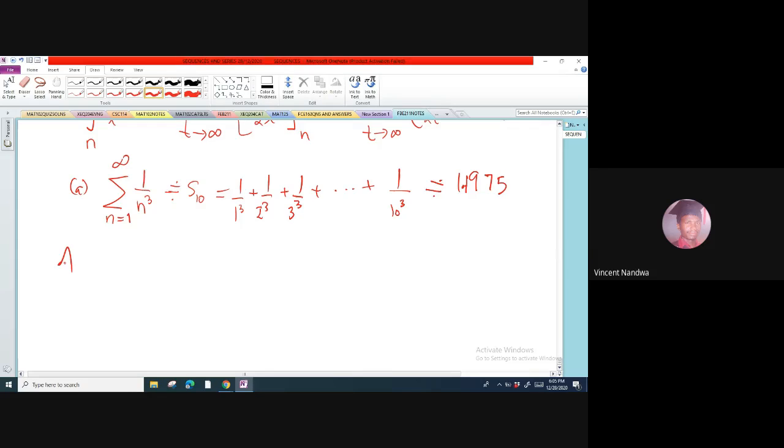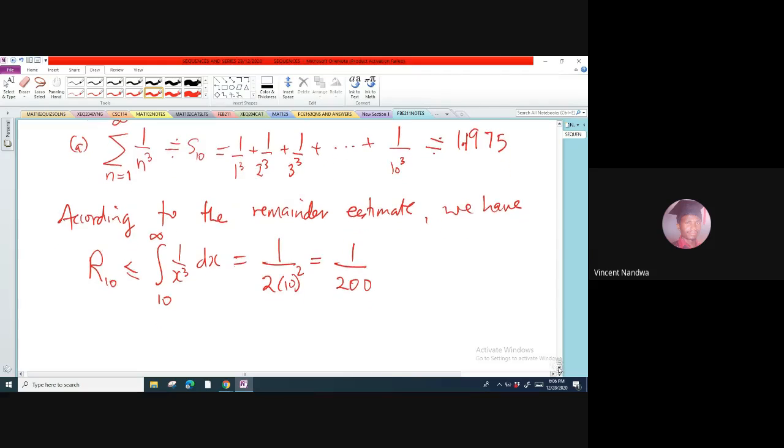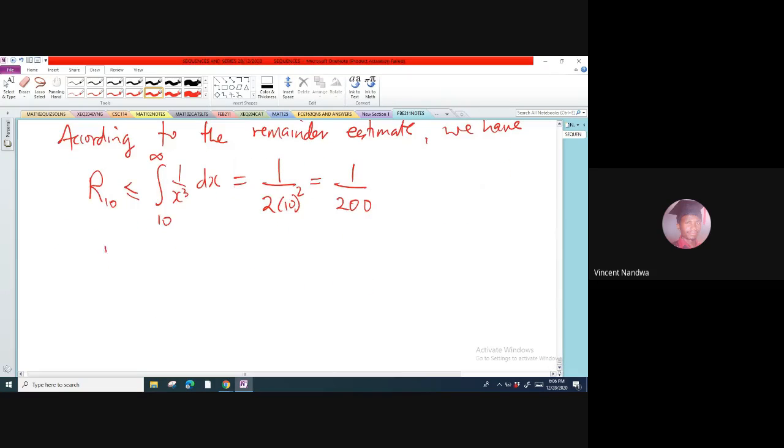So then you say, according to the remainder estimate, we have R10 is less than or equal to 1 over 2 times 10 squared.